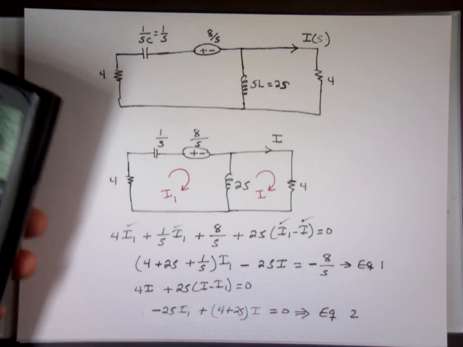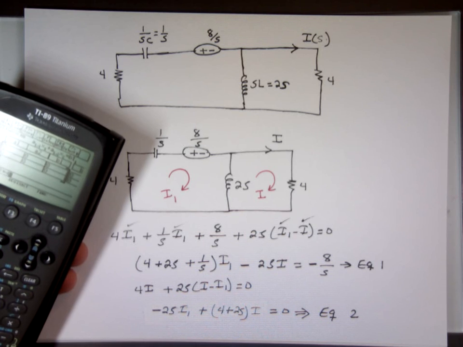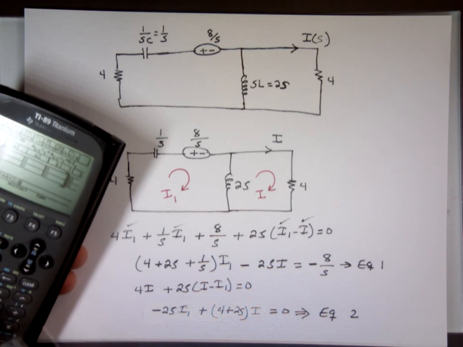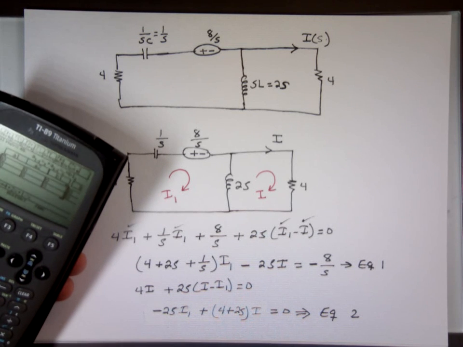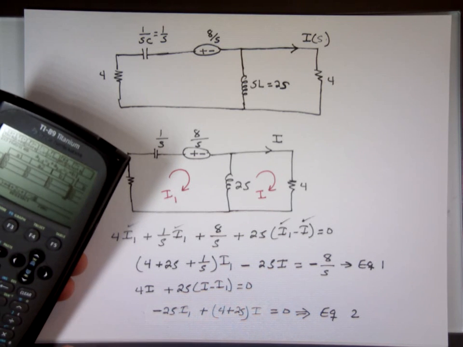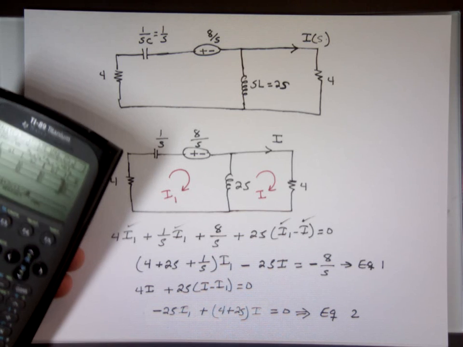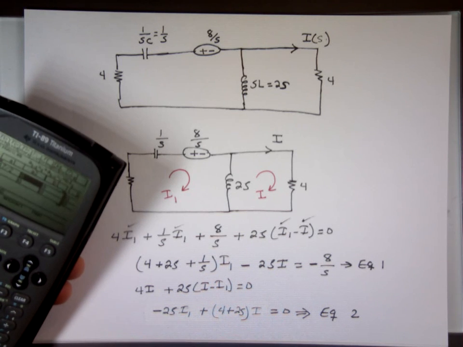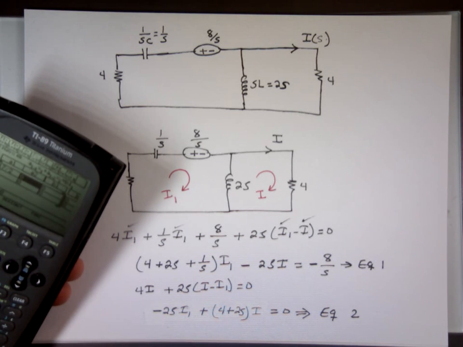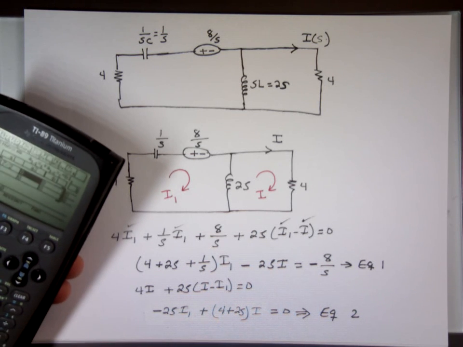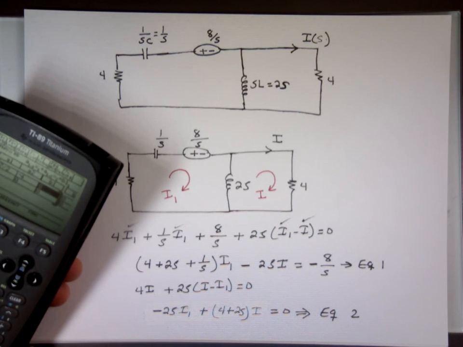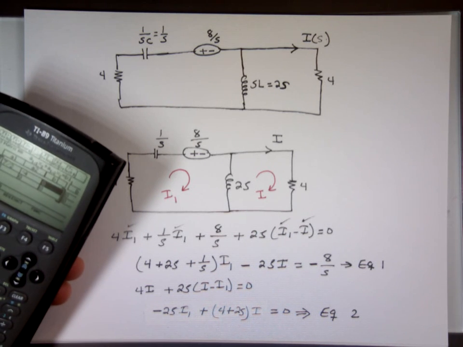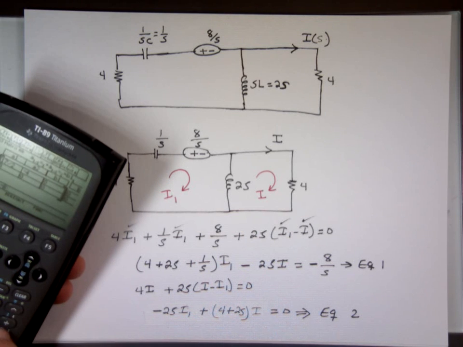The first one: 4 plus 2x plus 1 divided by x, then negative 2x, and the answer is negative 8 divided by x.